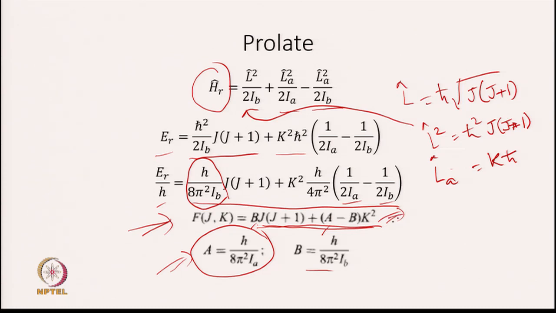So, this equation sometimes you will find in wave number unit, and sometimes you will find in frequency unit. Both are same. Only difference is when you are talking about frequency, then A and B are in frequency unit, whereas when this F is in wave number unit, then A and B are also in wave number unit. Here A is given in hertz, B is in hertz, but if I divide by c, then I will get A in wave number unit and B in wave number unit.